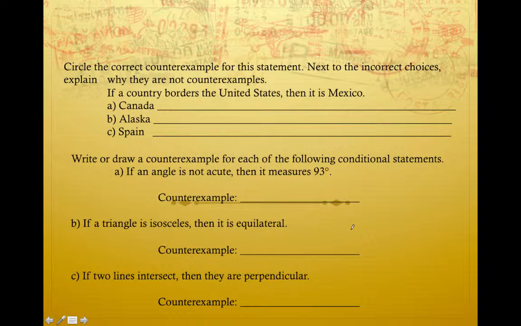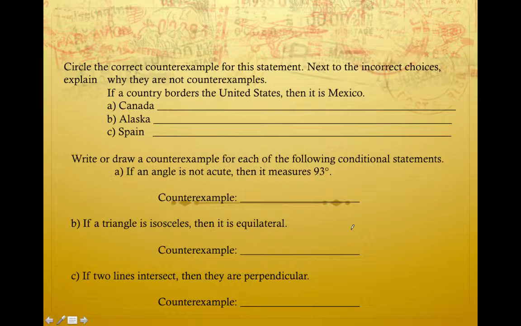Okay, so this one we want to circle the correct counterexample and then explain why the other ones are not counterexamples. So we want a counterexample to: if a country borders the United States, then it is Mexico. So what we need is something that makes the hypothesis true and the conclusion false. That's what a counterexample always is. So we need a country that borders the United States, but isn't Mexico.